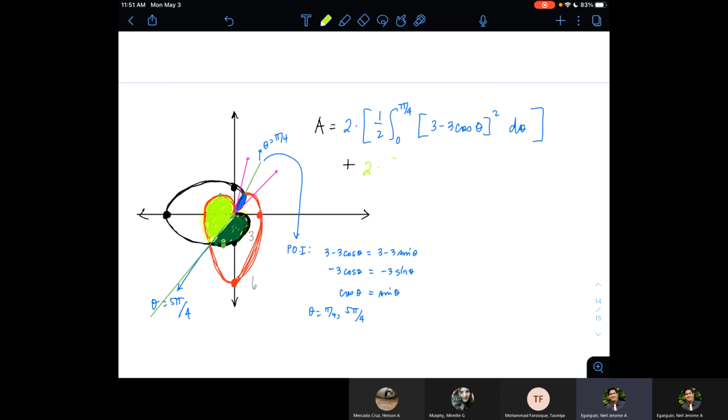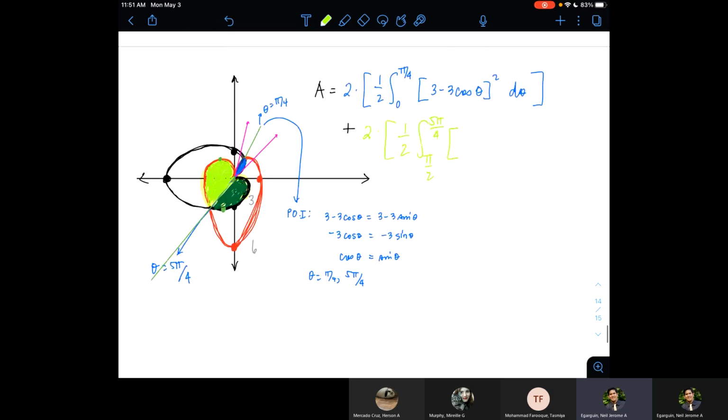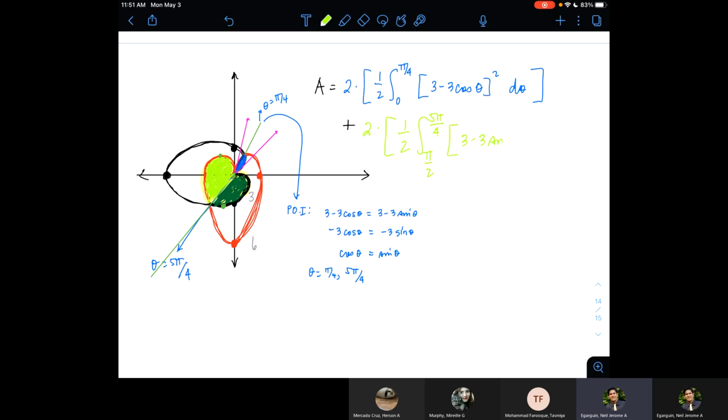So 2 times the mainstay 1/2 integral from pi over 2 until the theta value at the POI, 5 pi over 4, and then radius squared. And again, from pi over 2 to 5 pi over 4, the radius is determined by the red curve. And then the equation of the red curve is 3 minus 3 sine theta quantity squared d theta. All right, and that completes the area.